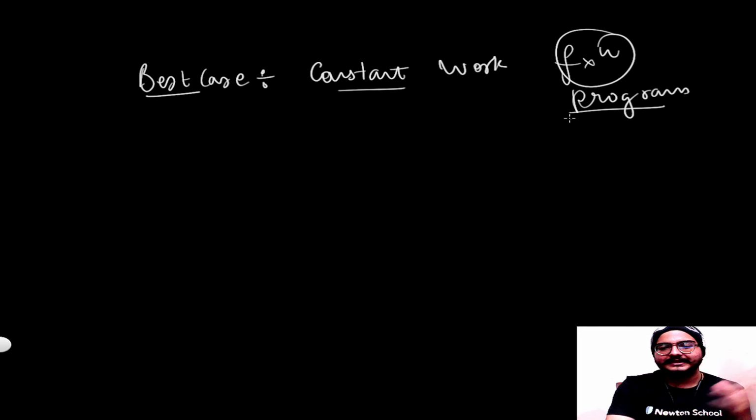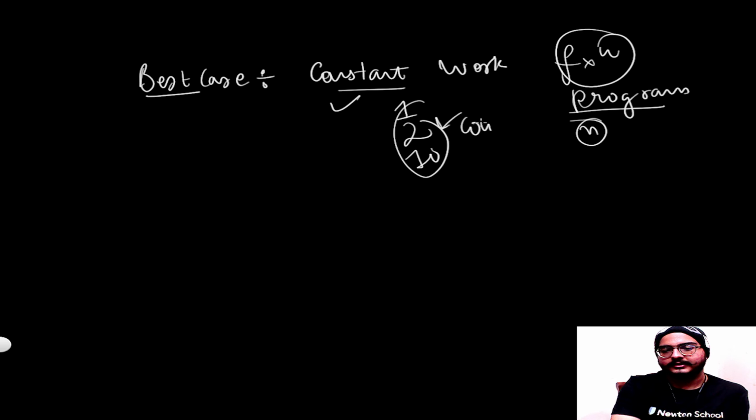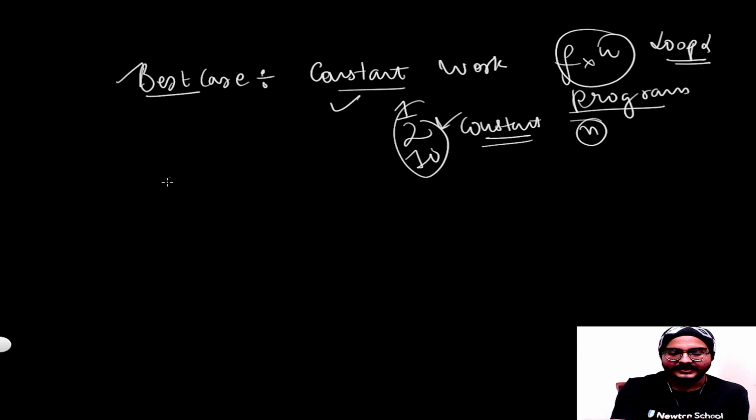Not big O, we have not discovered it yet. Let's say the loop runs one time, 2 times, 10 times, but constant. It would be my best case. Like the loop is not running at all, it is a constant one.